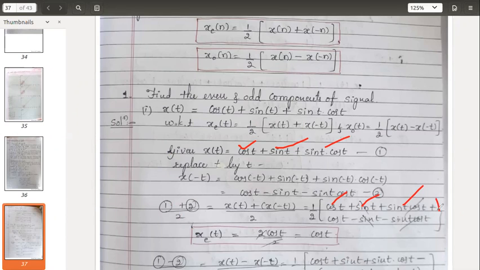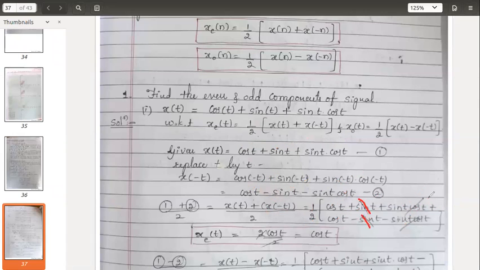Plus, what is this x of minus t? Just now we have seen cos t minus sin t minus sin t cos t. So both equations 1 and 2 I have added, keeping this 1 by 2 outside. Let's see if any of the terms get cancelled.